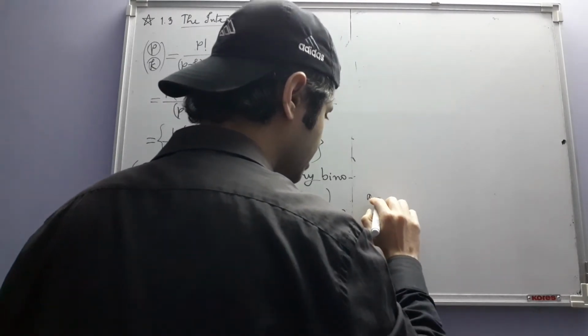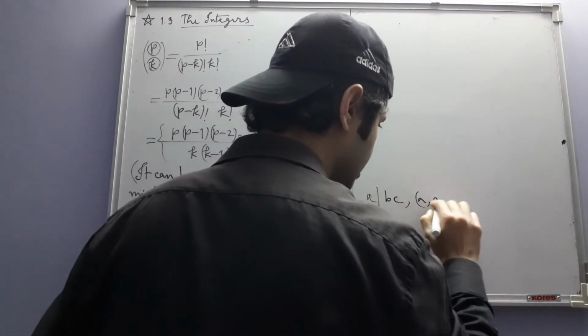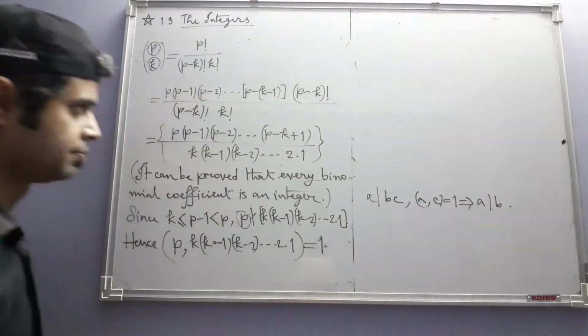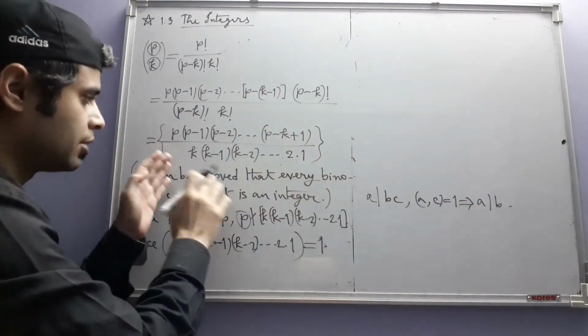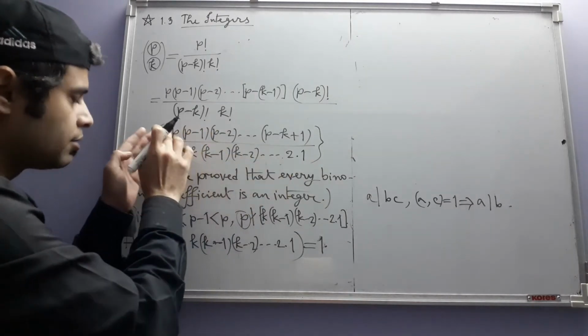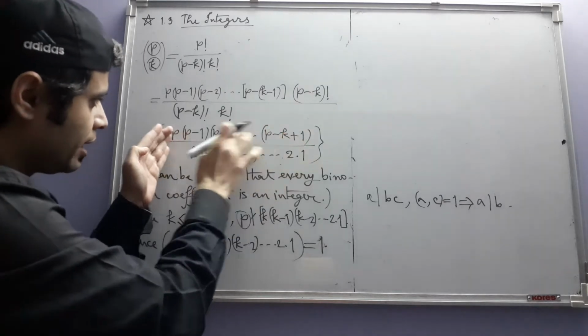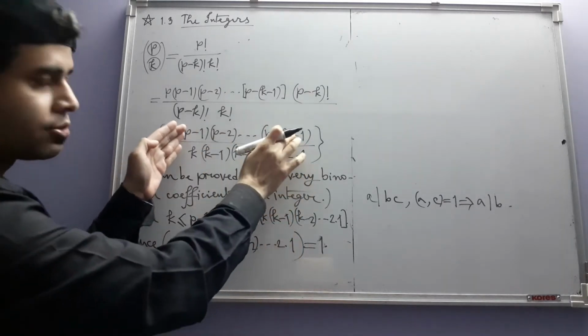This result: if a divides bc and a and c are relatively prime, then a divides b. If a divides b times c and a and c are relatively prime, then a has to divide b.